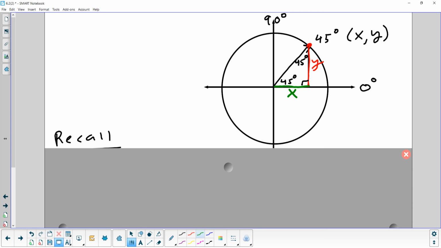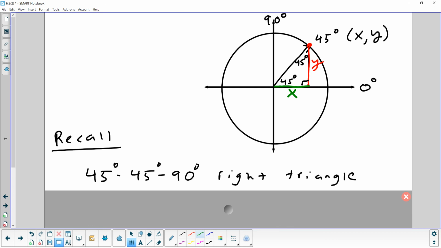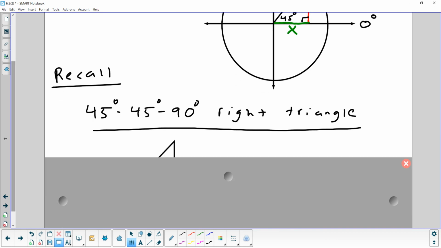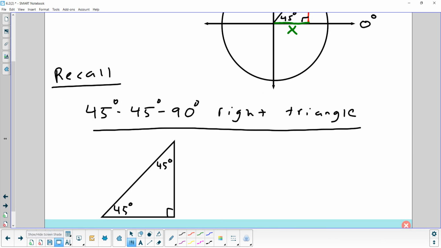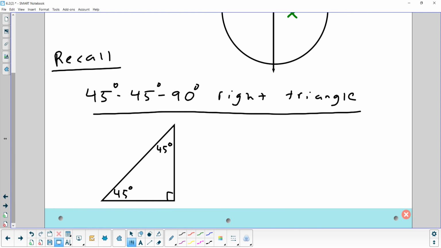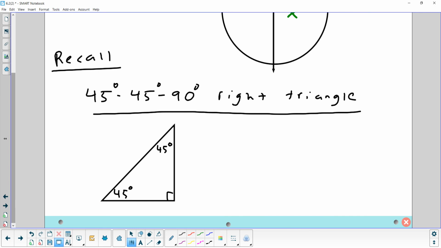Because whatever the base is, that's the height. So I drew the same triangle right here, just a little bit bigger so I have more space to work. And I'm going to call both of these sides x. There's no reason to use two different letters if they're really going to end up being the same thing. You could call them both y. Okay, but whatever you call them, use the same letter for both.